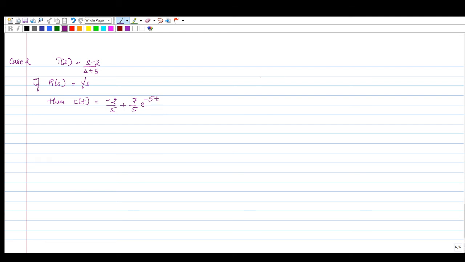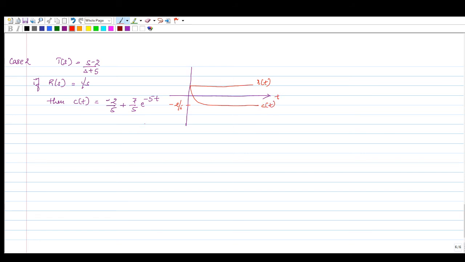When this is plotted, the curve looks something like this, with the minus 2 by 5 value. This is r of t and this is c of t.